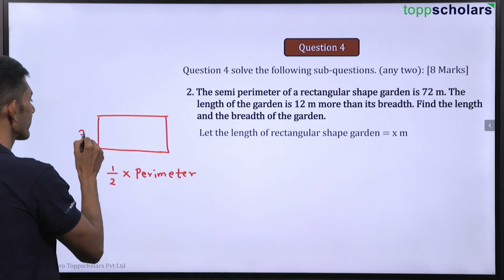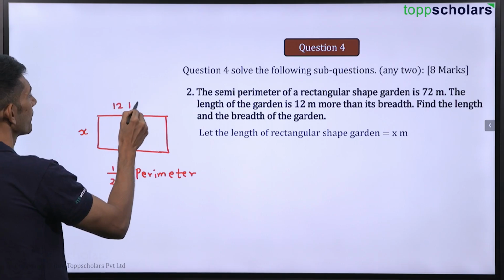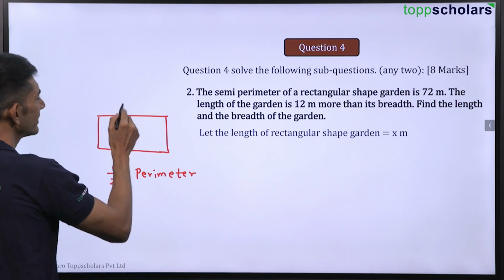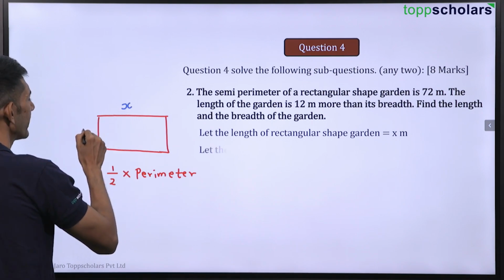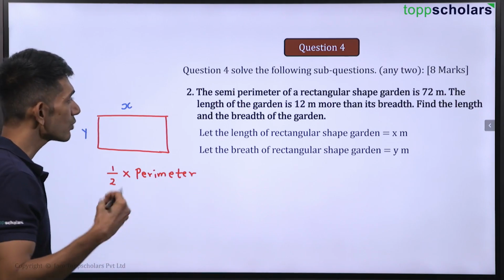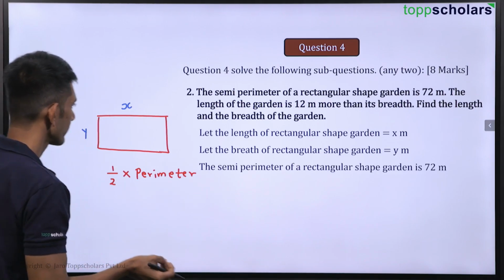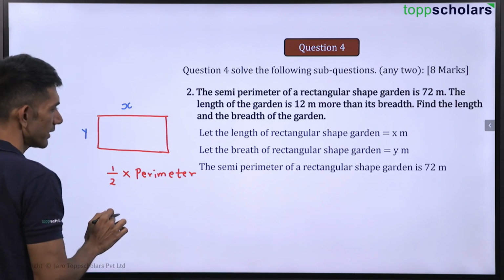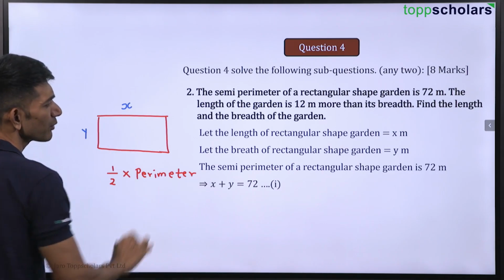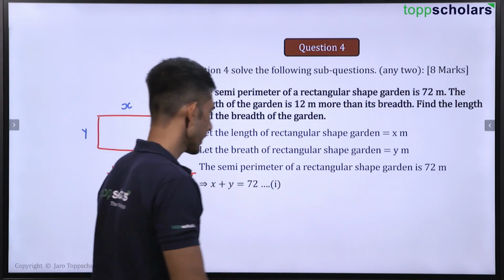The length of the garden is 12 meters more than its breadth. So here we can consider the length as x and the breadth as y, and clearly it is given that the length is 12 meters more than breadth, and also the semi-perimeter is given. So can I say x plus y will be 72, correct?